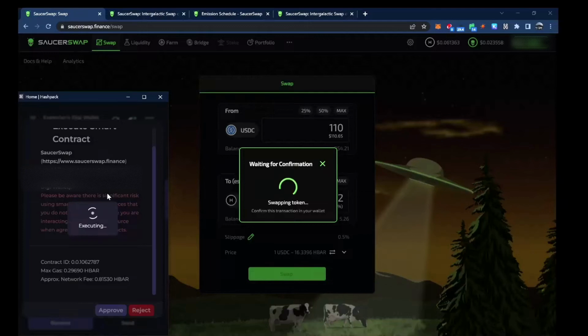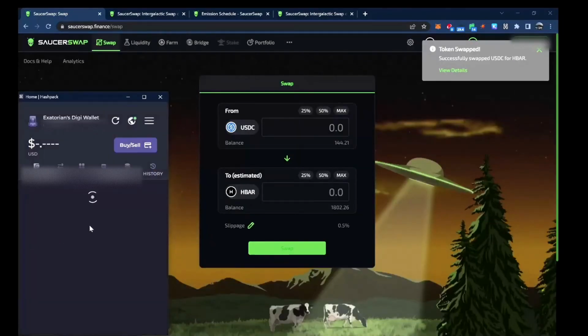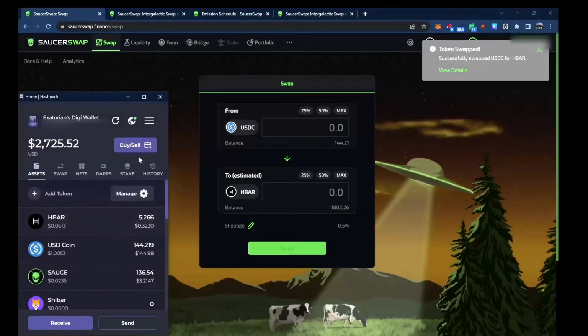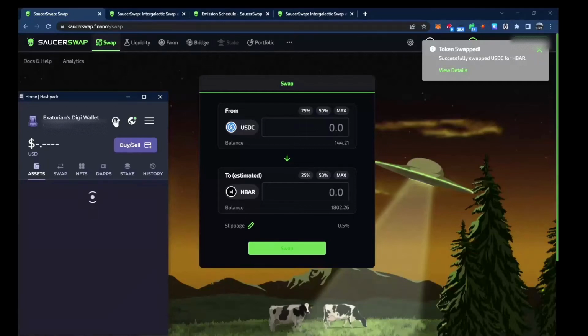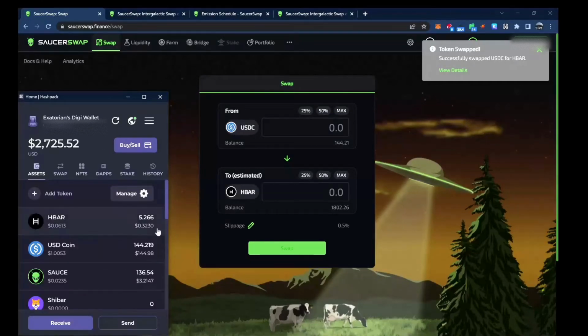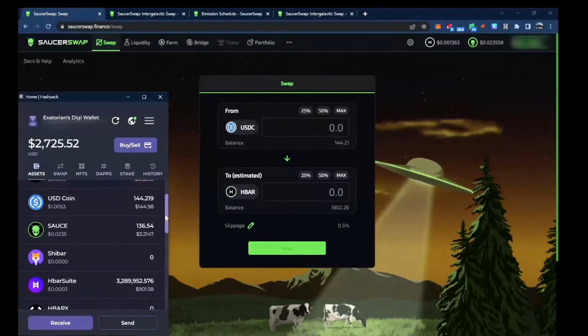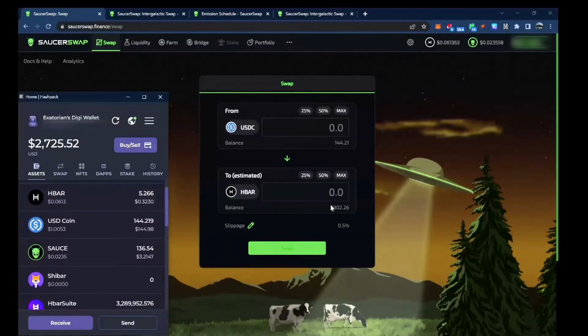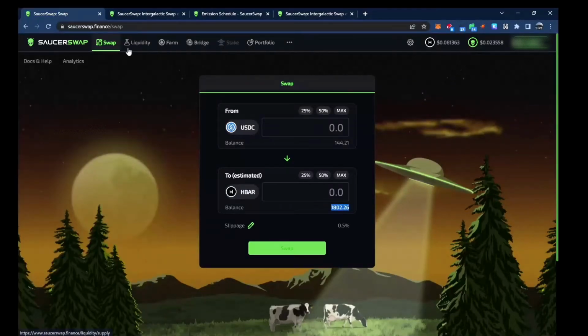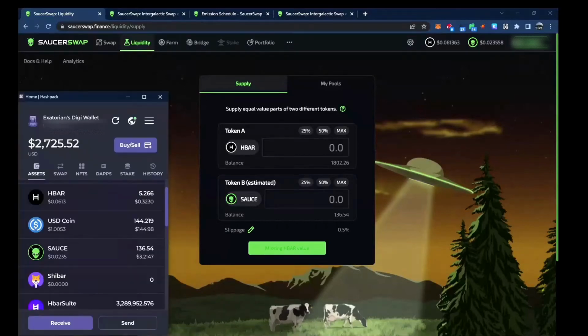Just wait a few seconds for the transaction to finalize. Cool, the transaction's done. Refresh. It hasn't popped up just yet, but I can see it's there. Oh, there it is.